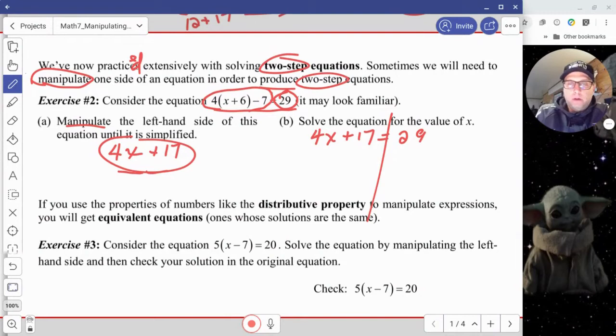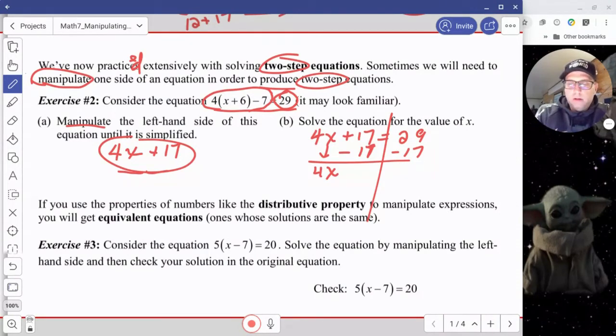All right. Unpause. So what you should have taken away from the previous lesson is that we want to attack addition and subtraction first before we attack multiplying and dividing. All right, so the antidote to plus 17 is minus 17, and I have to remember to do that to both sides. So the 4x falls through, the 17s eliminate each other.